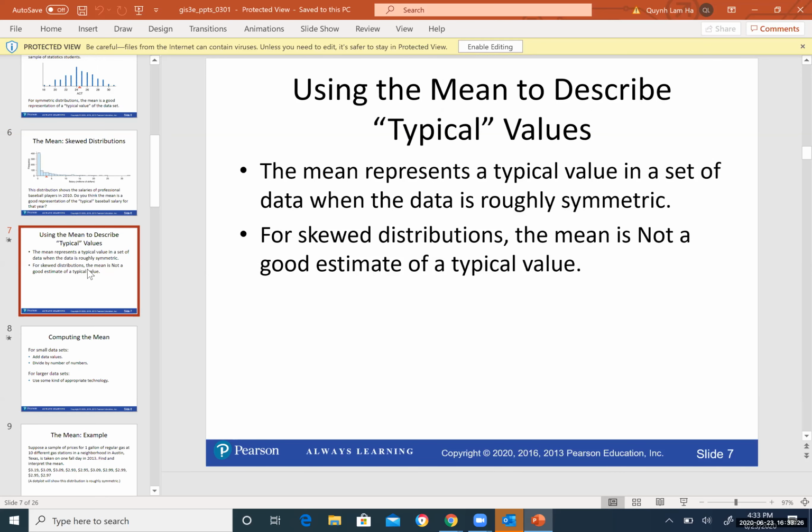So, using the mean to describe a typical value: the mean represents the typical value in a set of data when the data is roughly symmetric. For a skew distribution, the mean is not a good estimate of a typical value. That's the conclusion.